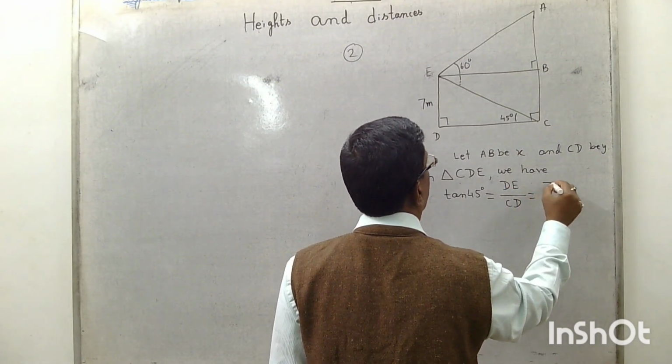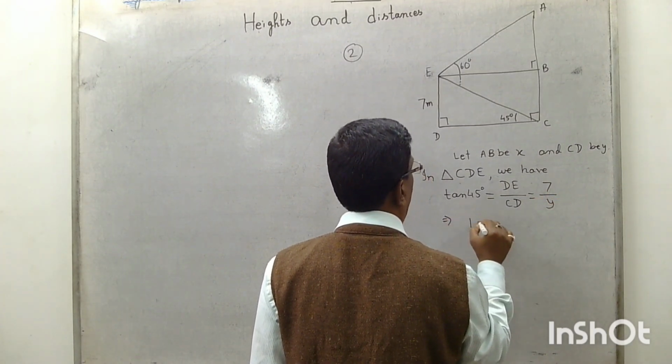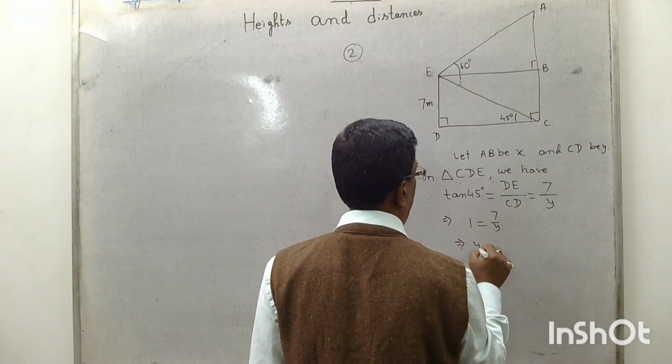That means 7 by Y implies that 1 equals to 7 by Y, which means Y equals to 7.